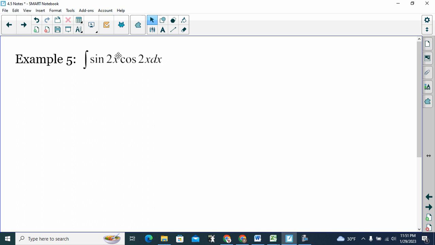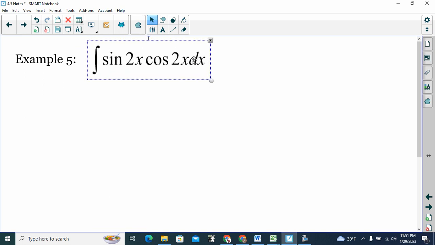Example 5. Example 5, we're given the integral of sine 2x cosine 2x dx.